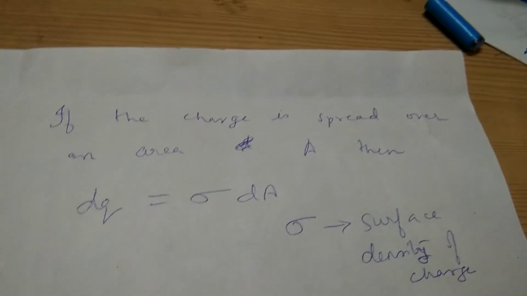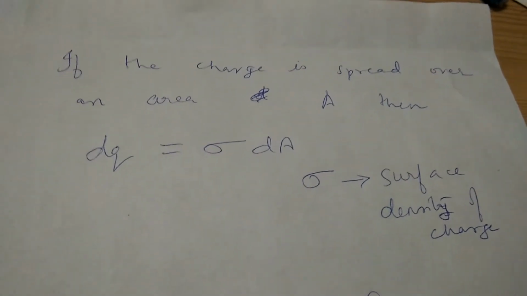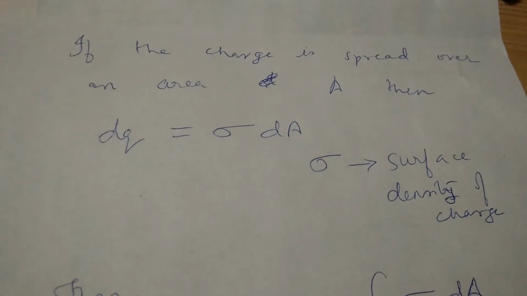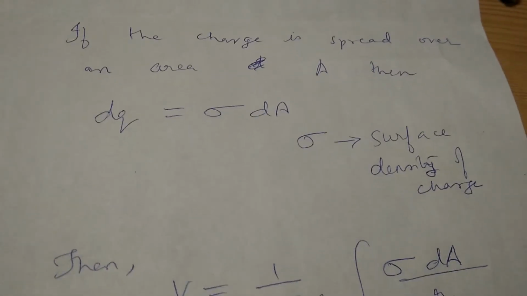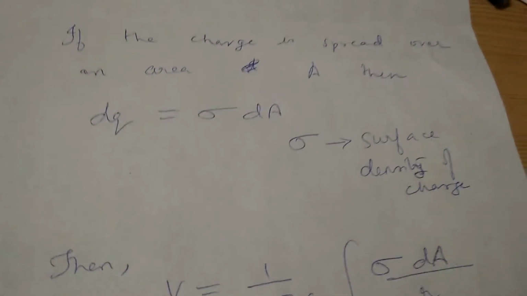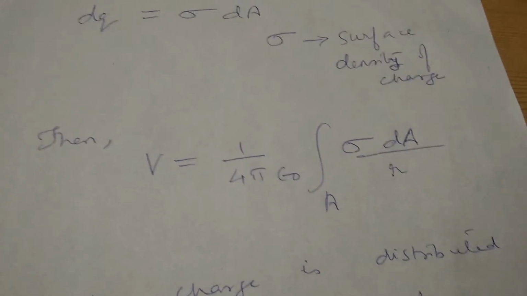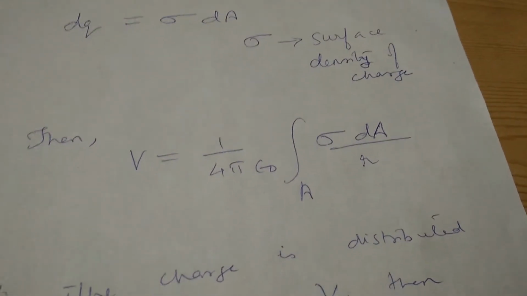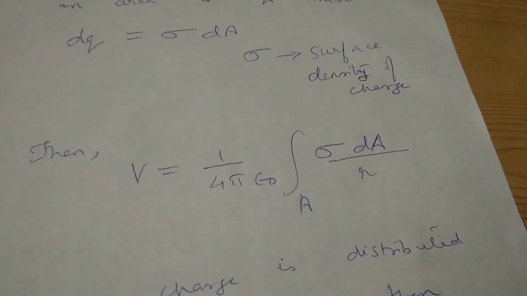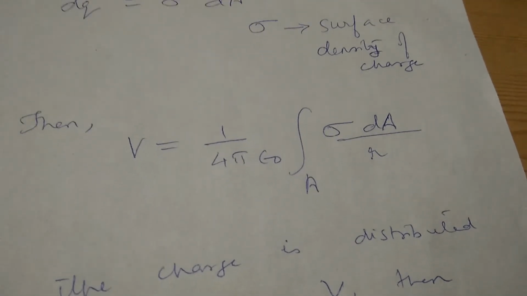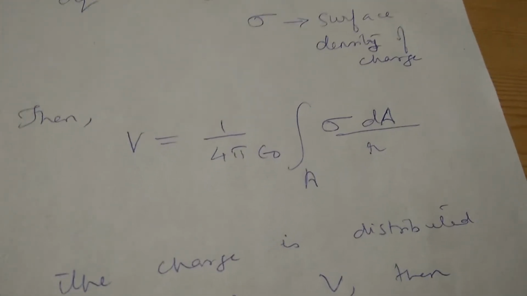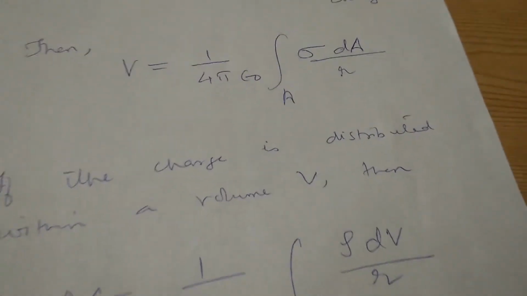As an extension of this formula, if the charge is spread over an area A, that is, a surface distribution, then dq is equal to sigma dA, where sigma is the surface charge density. We can rewrite equation 2 as: instead of dq, sigma dA by r, integrated over the area, with 1 by 4 pi epsilon naught the constant.